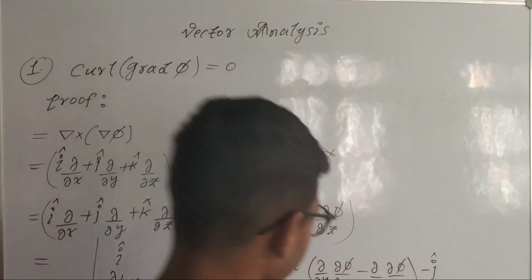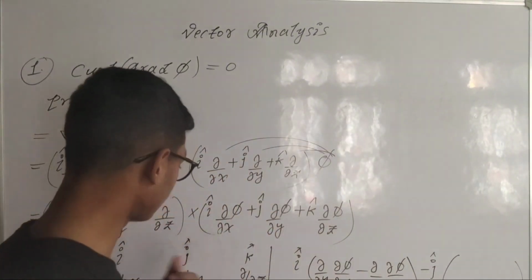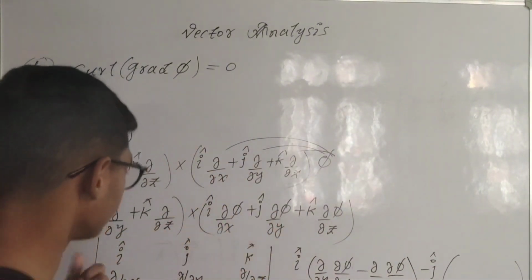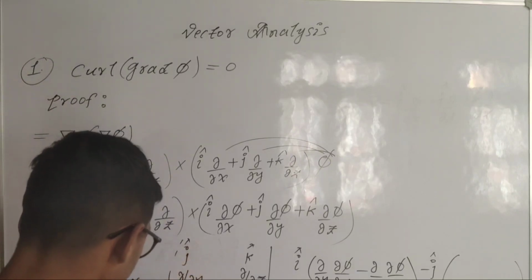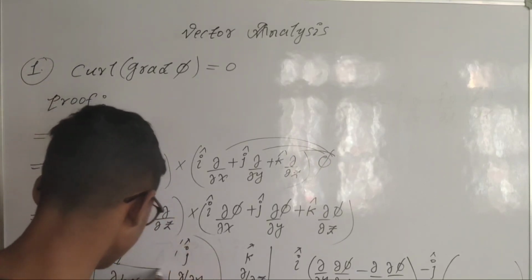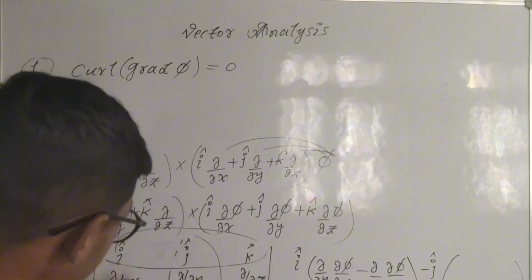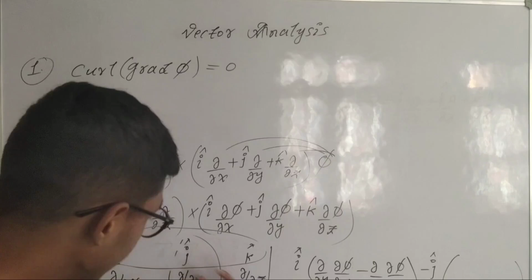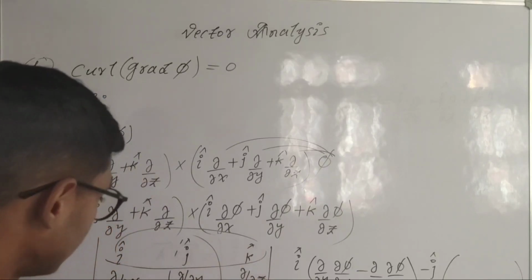This is something confusing, but I will explain the reason for the negative sign some other day. So I will be hiding this one and this one. There remain del by del x and del phi by del z, and del by del z, del phi by del x.